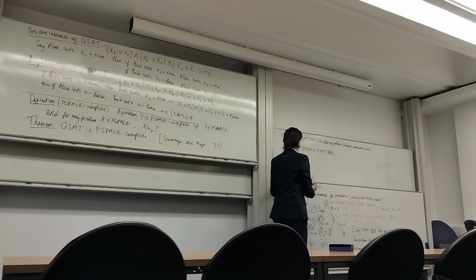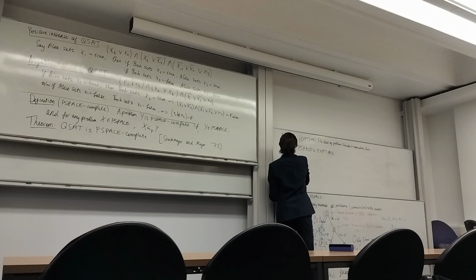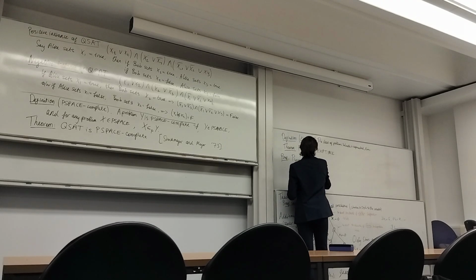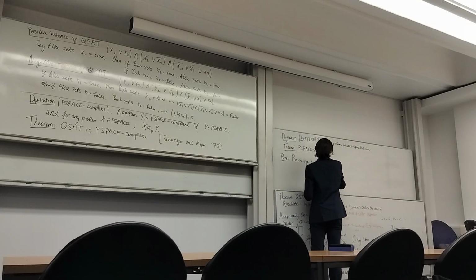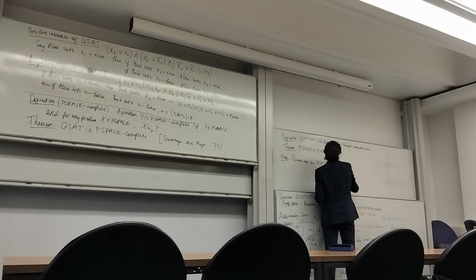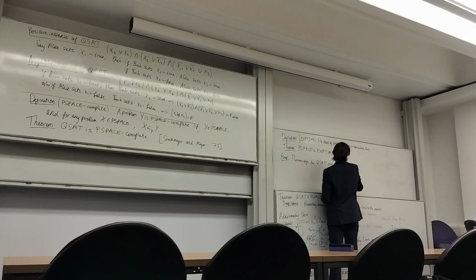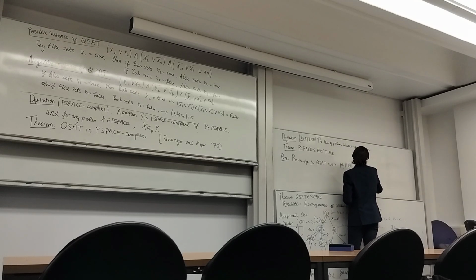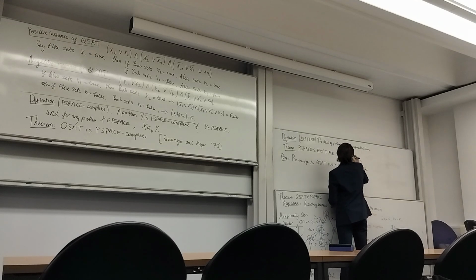So the previous algorithm for QSAT runs in poly with respect to the size of the formula times 2 to the n minus 1 time. This is exponential.